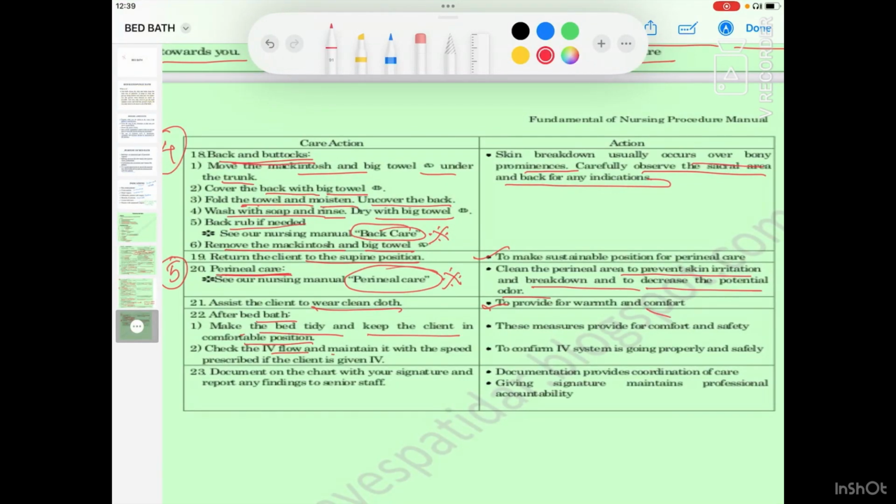Check the IV flow and maintain it at the prescribed speed, confirming that the IV system is going properly. Document on the chart with your signature and report any findings to the senior staff. Documentation provides coordination of care and maintains professional accountability.